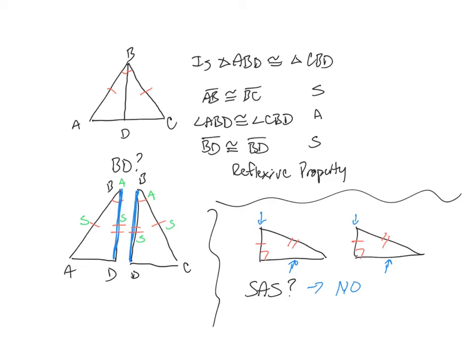So don't just look at two sides and an angle and say, I'm good. It has to go in order: a side, then the next angle, then the side, or it's the angle where the two sides meet. So be careful of that. Before, where BD is in the middle and it's shared in both triangles.